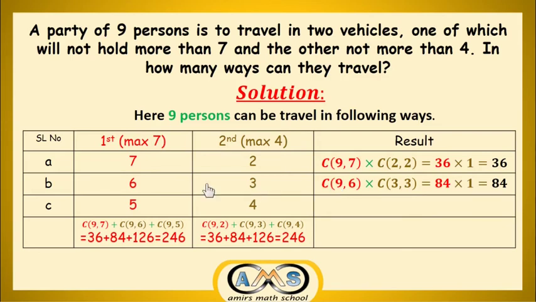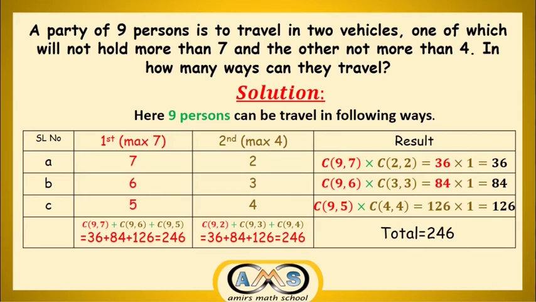Similarly, for the third case, select 5 from 9 and select 4 out of 4 for the second vehicle. In this case, the result will be C95 into C44, that is 126 into 1, which is equal to 126. The result will be the sum of these 3 cases. That is 36 plus 84 plus 126, which is equal to 246.